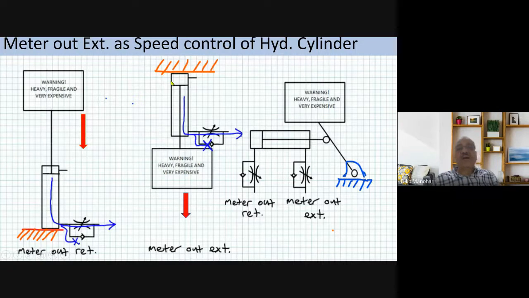So as a precaution in design, when a heavy load is connected in this fashion, hanging on the top, you should always use meter out extension, because then the retraction will always occur through the flow control valve, not through a check valve. While lifting the load, the flow will occur via the check valve.